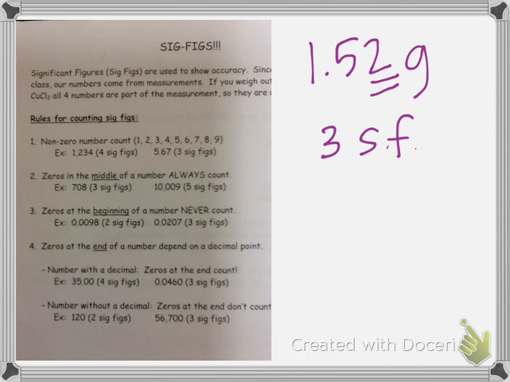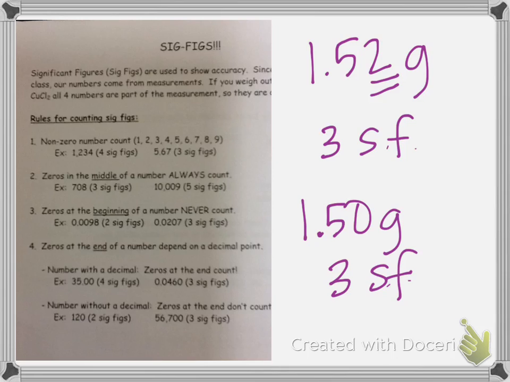If the scale said 1.50 grams, that number also has 3 sig figs because it was being accurate to the hundredths place again, yet this time it was only a 0.